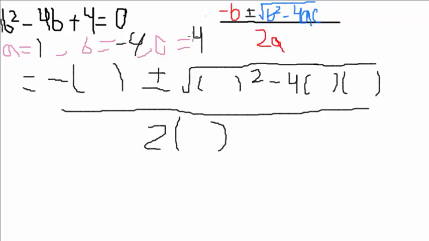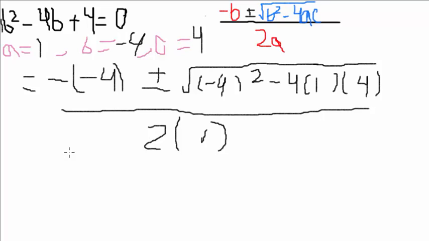Negative b, well, our b here is going to be negative 4, so let's put the negative 4 inside this. And then we're also going to have b squared, so let's find b again, that's going to be negative 4. Our a, well, that's going to be 1, we've identified that, and our c is going to be 4. And our a again is going to be 1.